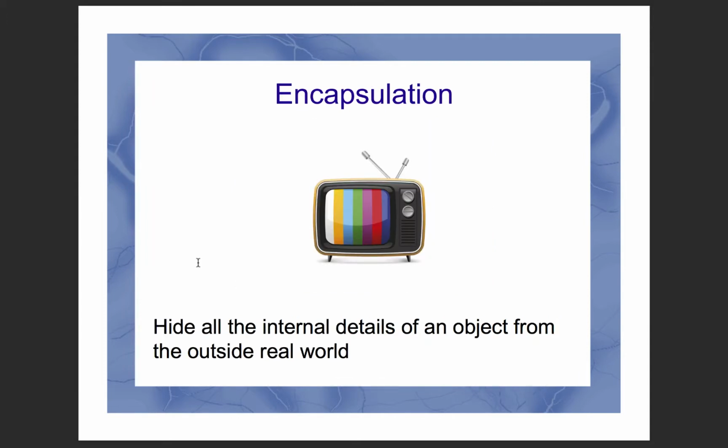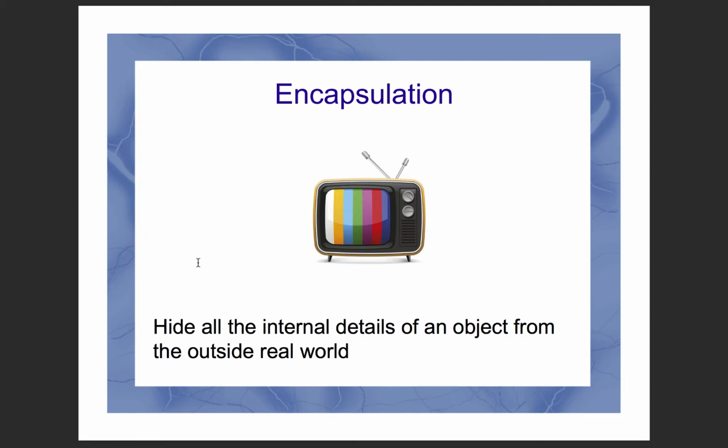The last one is encapsulation. Encapsulation is hiding the internal details of an object from the outside real world. We already discussed that a television has a lot of complex functionalities inside, but we don't know those things.